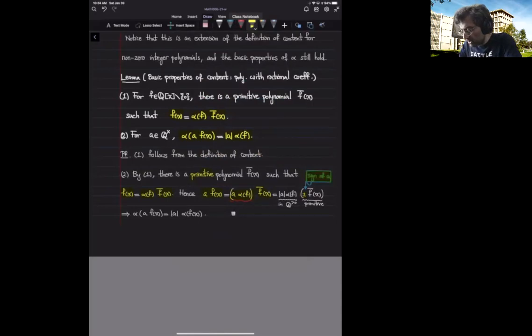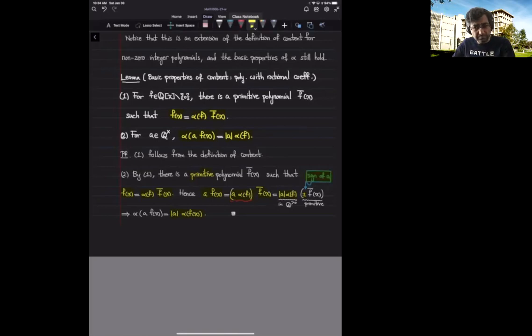So it doesn't change the factorization. And in either case, we deduce that the content of A times F is precisely the absolute value of A times the content of F. Okay, so this means that these two important properties of content we can extend for content of polynomials with rational coefficients.